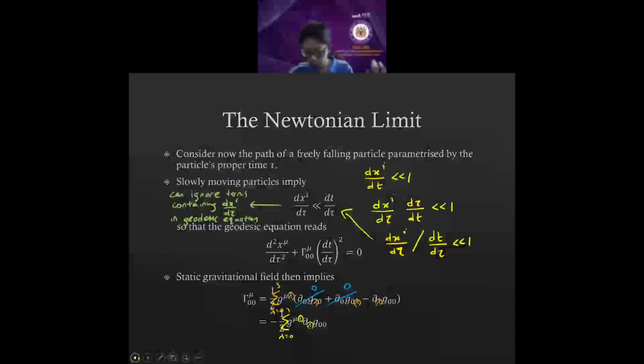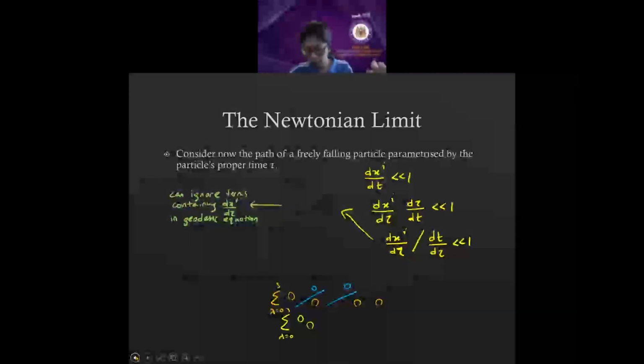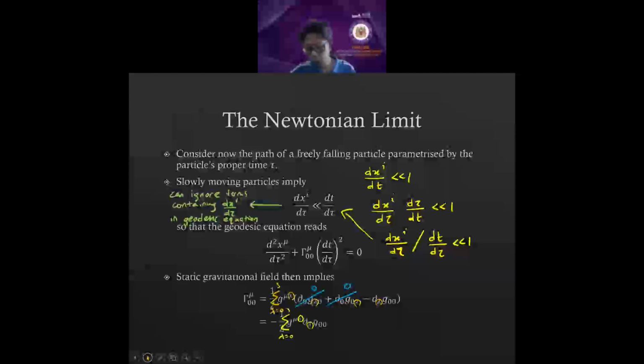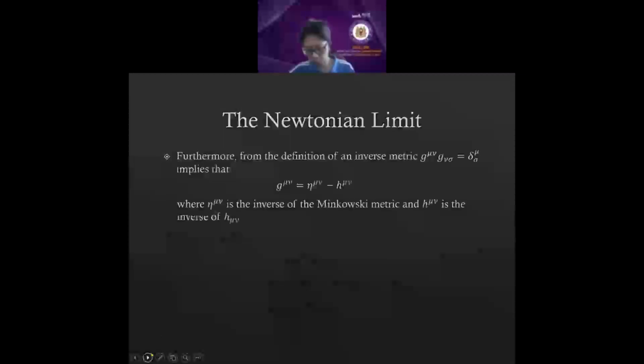The last condition is that we can write the metric of the spacetime in this coordinate in this particular way with this condition. Just now I talked about the inverse metric. Why do I talk about that one? Because here we're also going to use again the idea of the inverse metric.